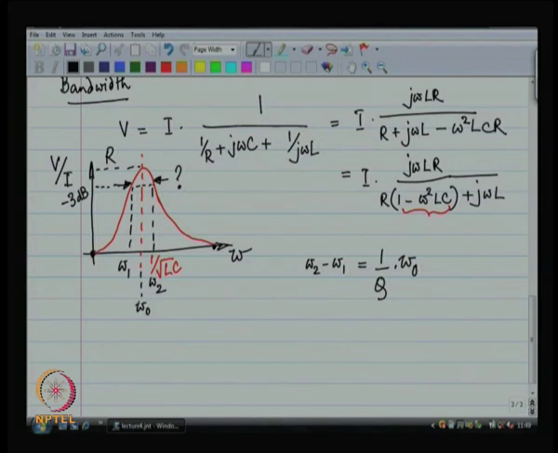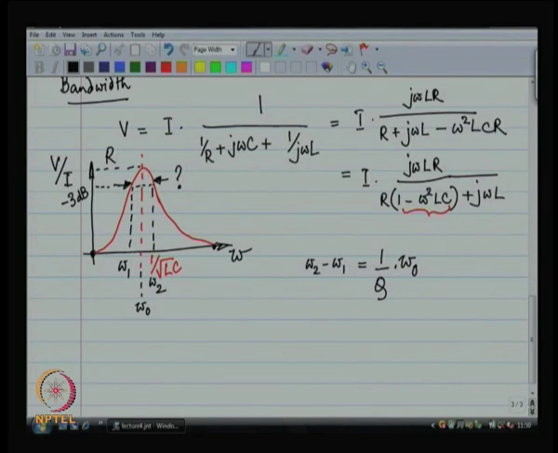So, omega naught is 1 by square root of L C, q is whatever q you have for that particular parallel network. If it is a series network, the same relationship holds without any further modifications. There you just put the appropriate value of the quality factor.